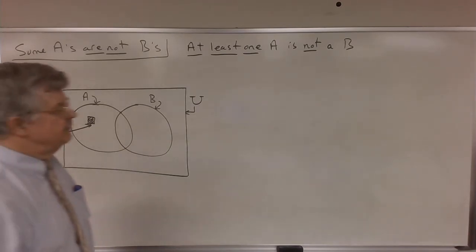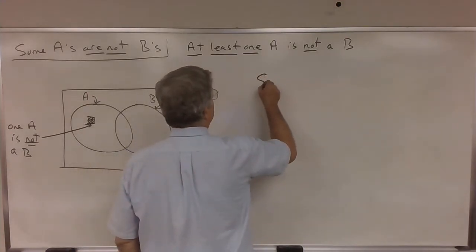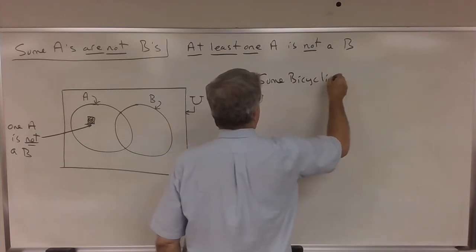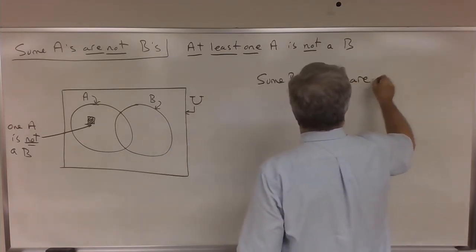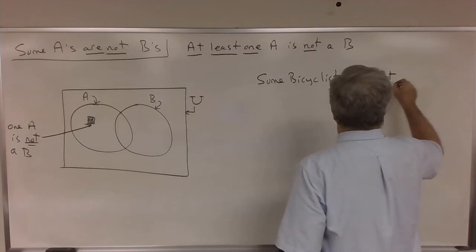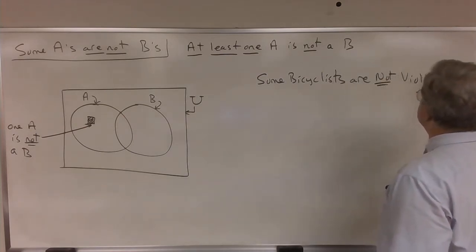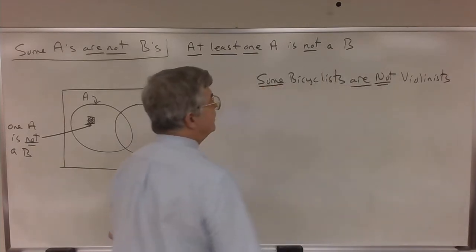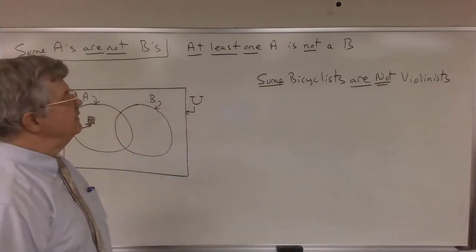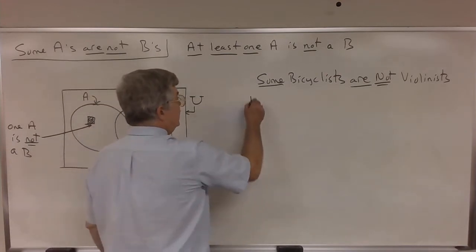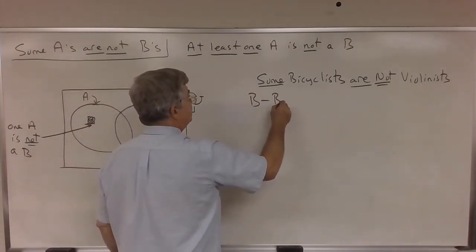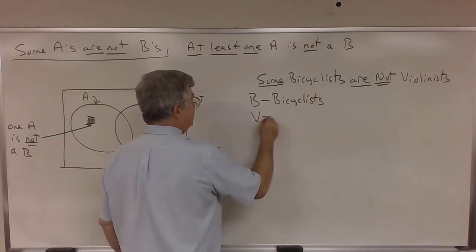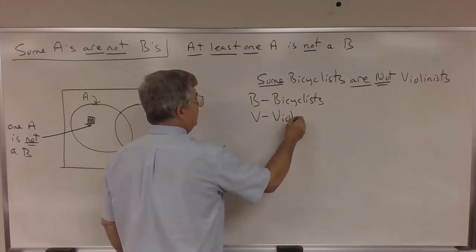Now let's look at an example. Some bicyclists are not violinists. So we have a B circle for bicyclists. We have a V circle for violinists.